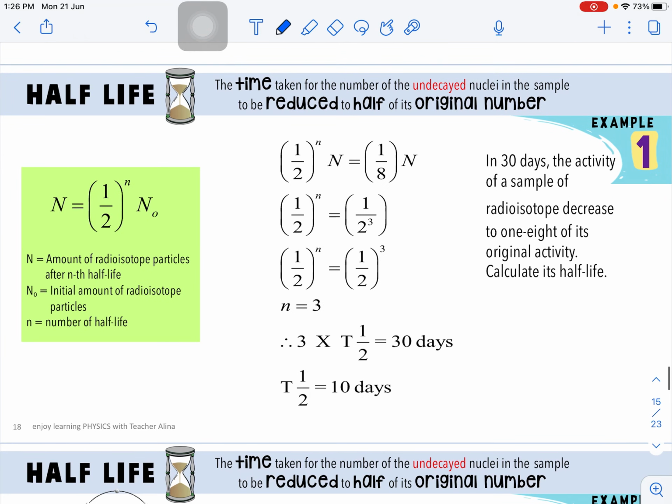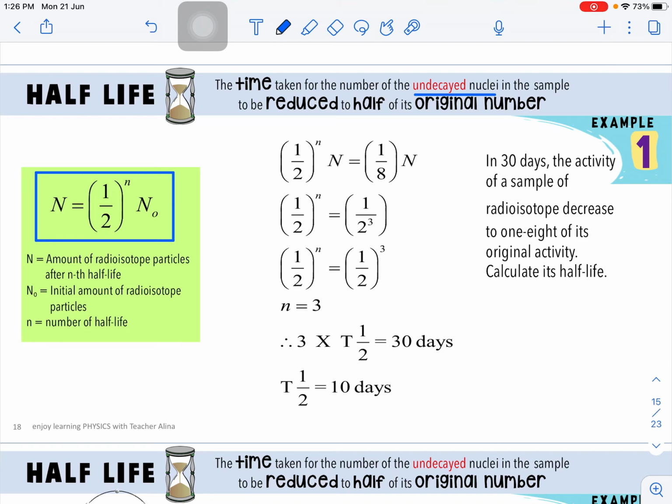Okay, this is another example. The time taken for the number of undecayed nuclei in the sample to be reduced to half of its original number, we can use the equation N equals half to the power of n times the initial number of atoms, where n is the number of half-lives.